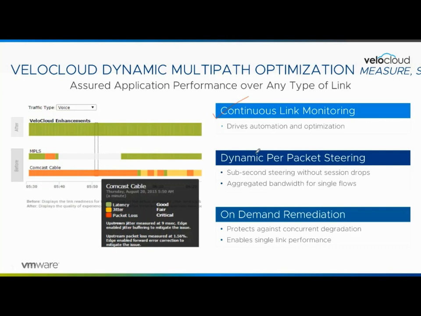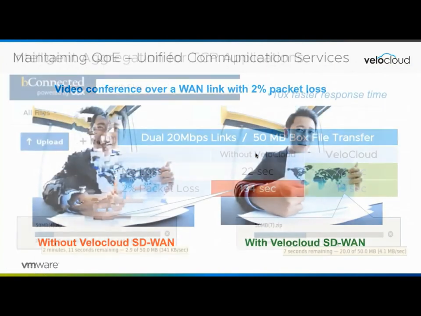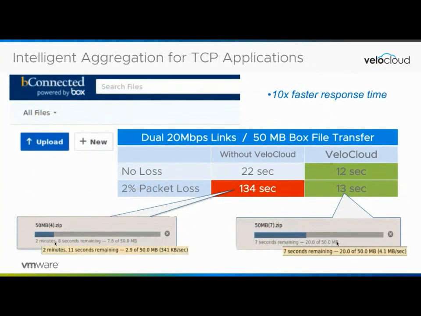So to give you a use case about the bandwidth aggregation, and we are going to talk about it in the coming slides, let me show you here. The moment I see there is a Box download happening, and this is where I can benefit from more bandwidth, DMPO performs per-packet load balancing. It will utilize all the available links to deliver all of the packets of that single flow to the destination.